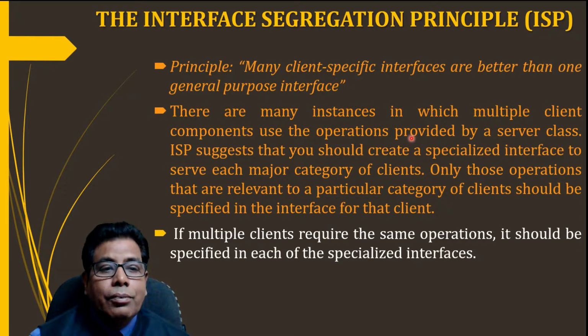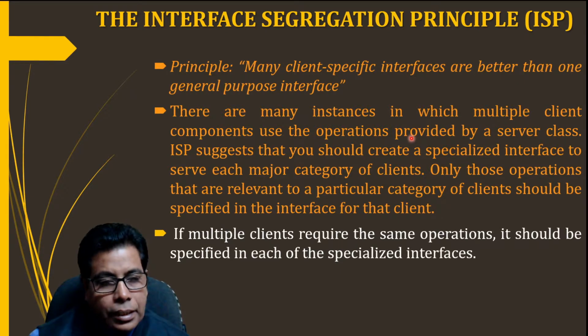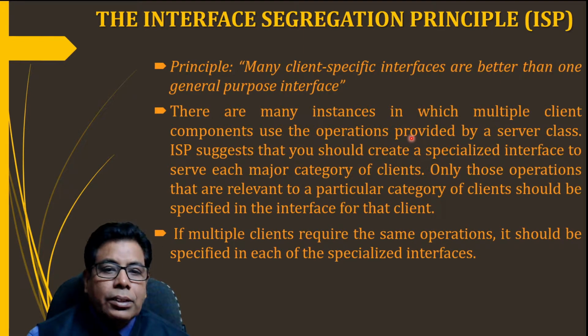Because if a particular category of clients is using some particular functionality, then you should provide an interface for those functions. And if multiple clients require the same operations, it should be specified in each specialized interface. So that is the interface segregation principle.